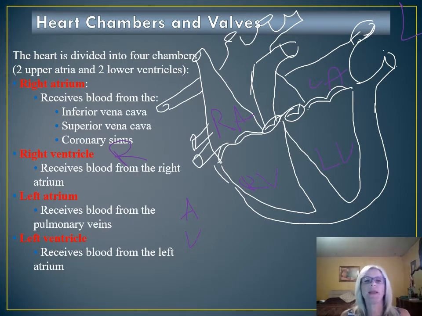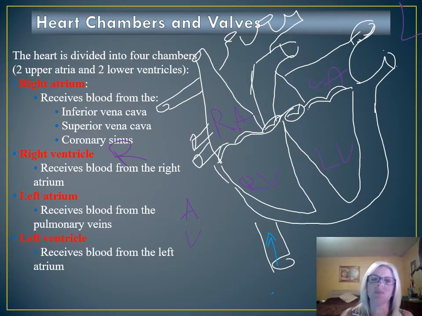So the right atrium is going to receive deoxygenated blood, and I really want you to use this color coding, okay? It really helps. Oh, I forgot to draw your little lower inferior vena cava, inferior meaning below. So from the inferior vena cava, it is going to receive blood, and that's going to come in through here. And this is the superior vena cava.